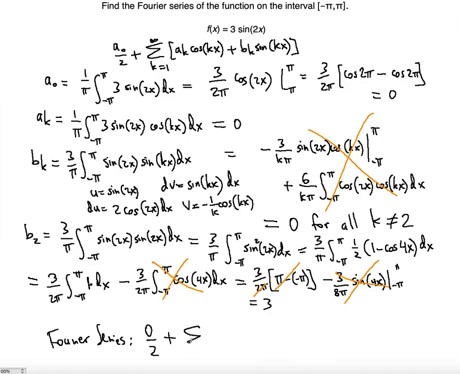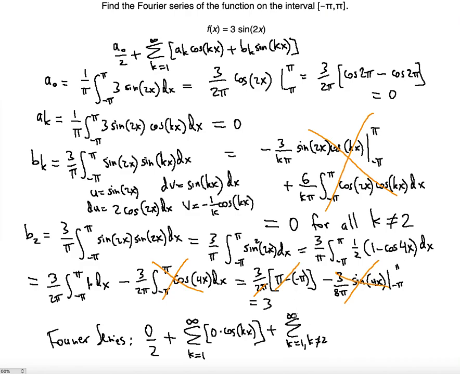Let me write it as, I can say a subscript k was 0, right? 0 times cosine of kx, right? Plus, now k is equal to 1, k does not equal to 2, right?